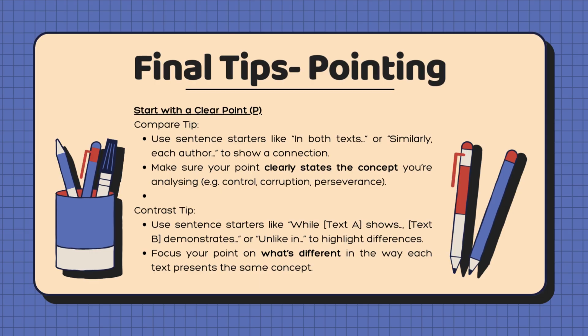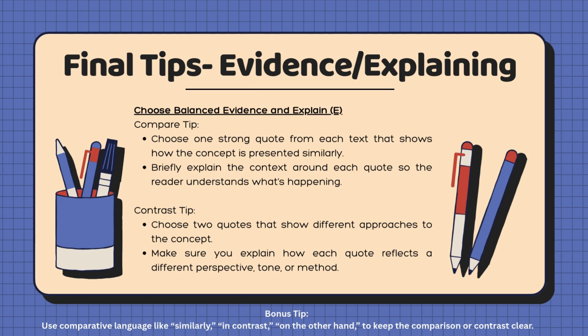If you are contrasting, use sentence starters like "while X shows this, Y demonstrates this" or "unlike in blank" to highlight differences. Focus your point on what's different in the way that each text presents the same concept.